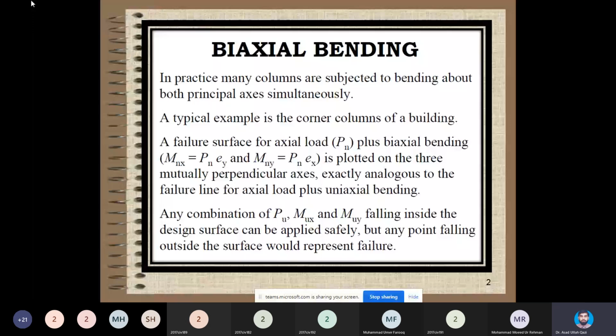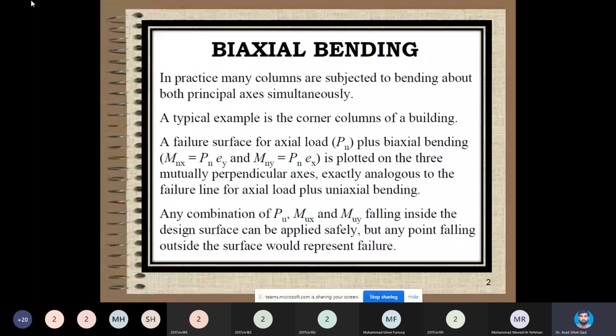now since we are talking about a column which is subjected simultaneously to bending about both axes, we want to discuss load as well as moment acting about two axes.